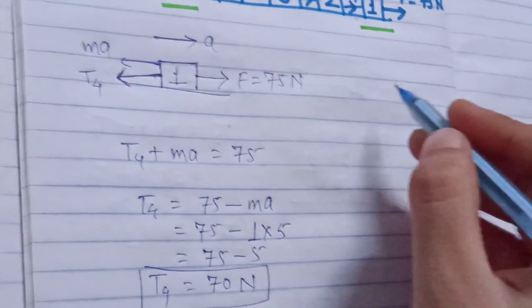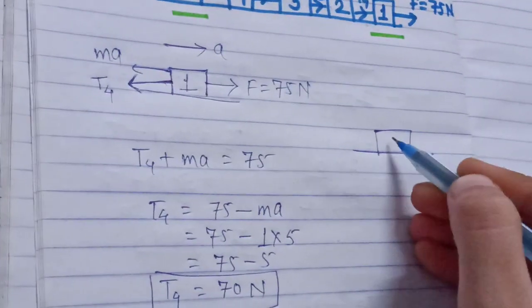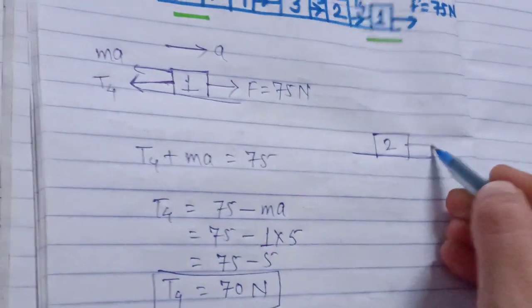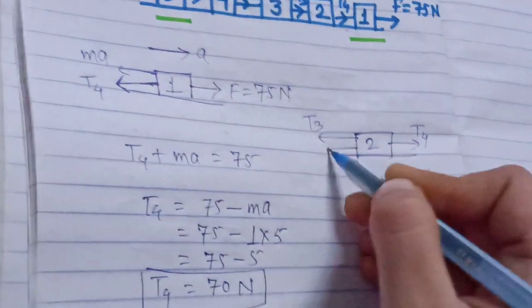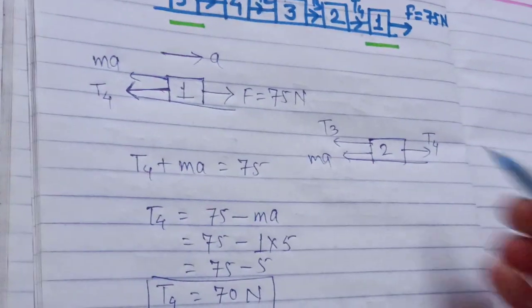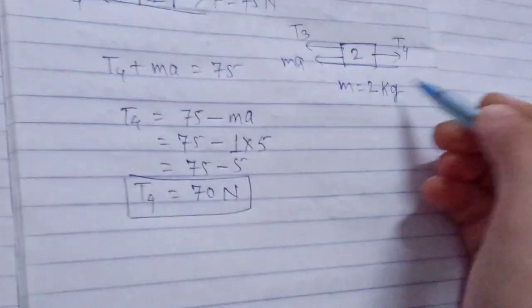For T3, we will draw the FBD of 2 kilogram block. Tension T4, T3 and MA in this direction, where M is equal to 2 kilogram.